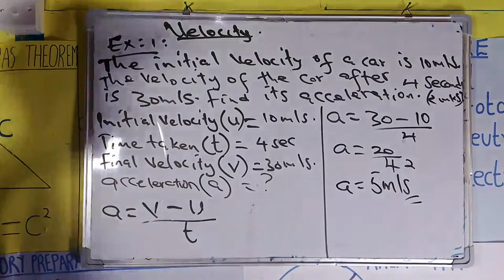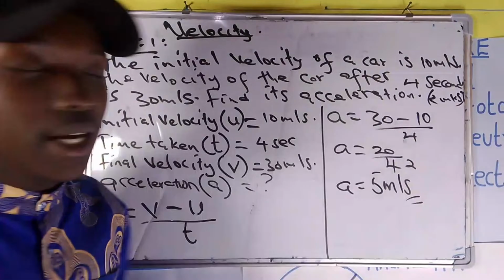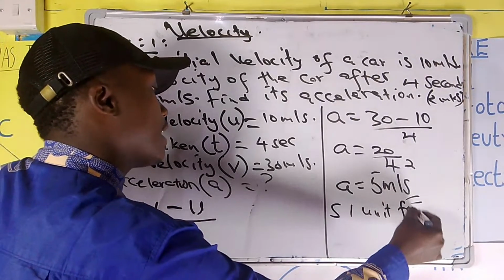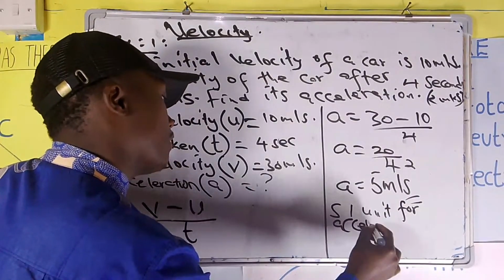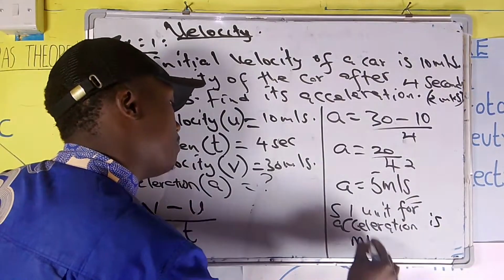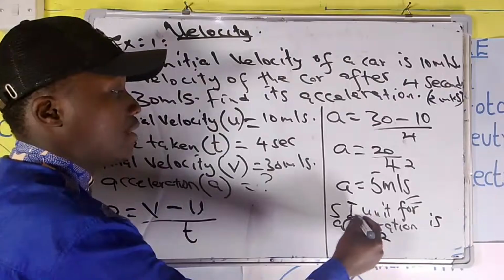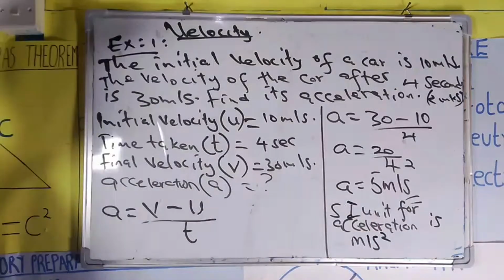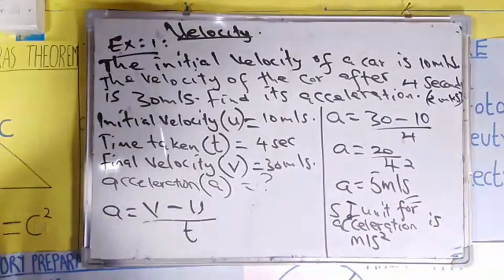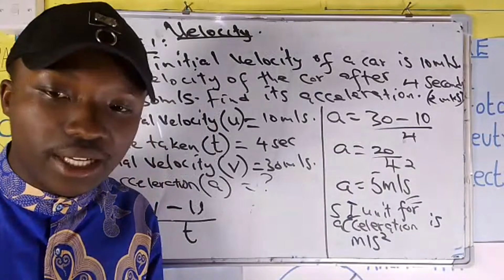Why meters per second squared? Because the SI unit for acceleration is meters per second squared. Have you understood?